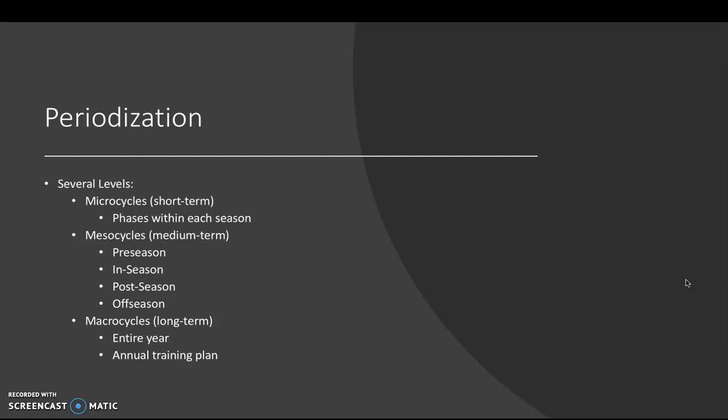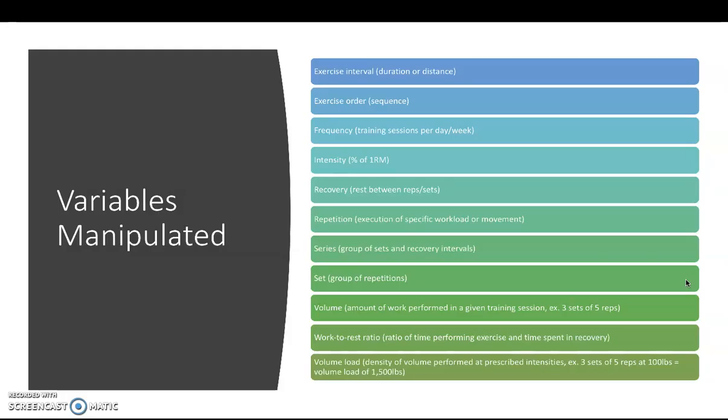So, like preseason, for instance, if I'm looking at my women's basketball team, I had them come in September. We had 4 weeks of training prior to them entering into their practice schedule, and then another 4 weeks before games. So I consider that preseason broken down into two different phases of 4 weeks each.